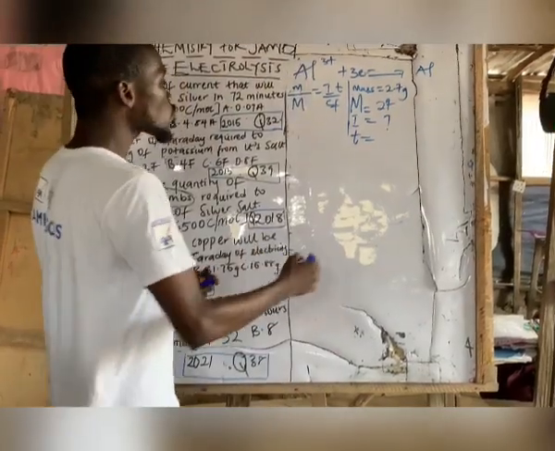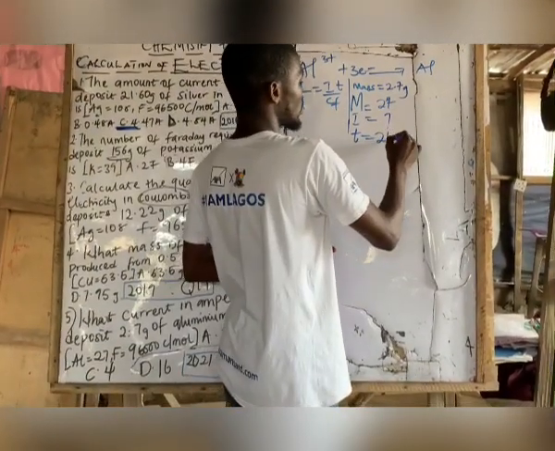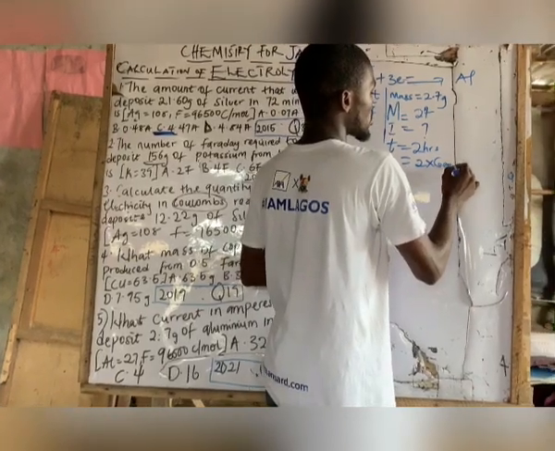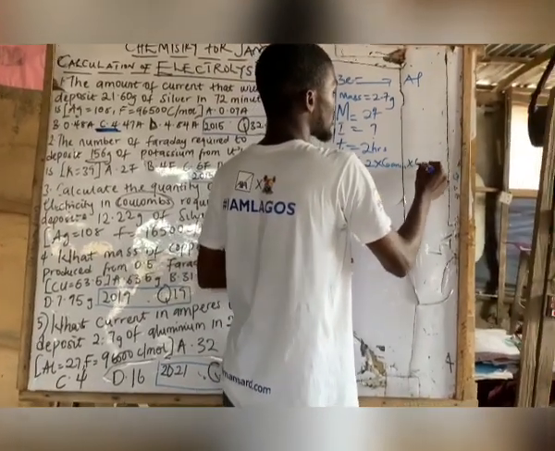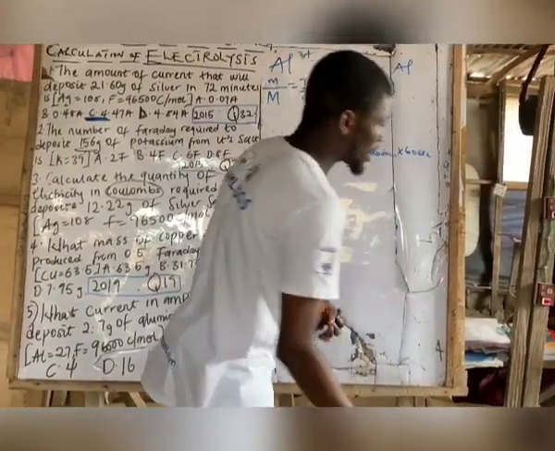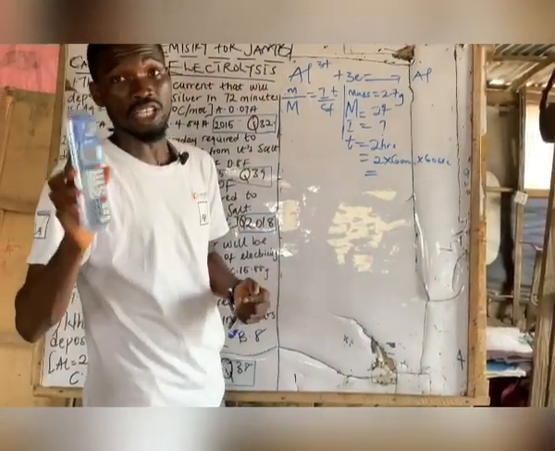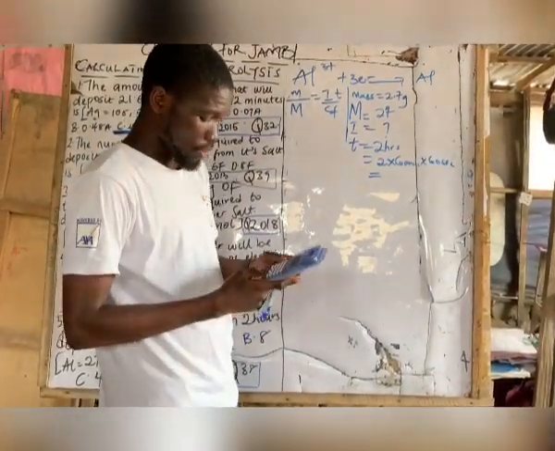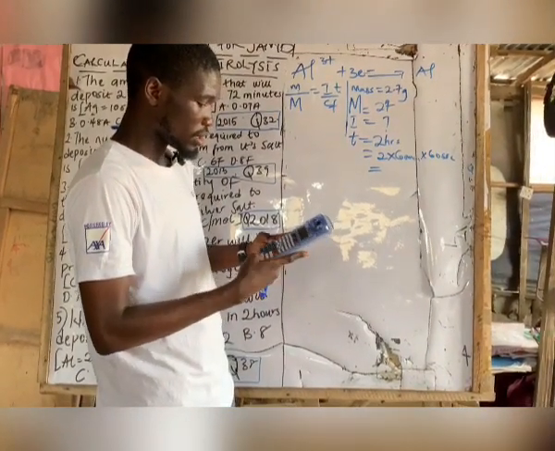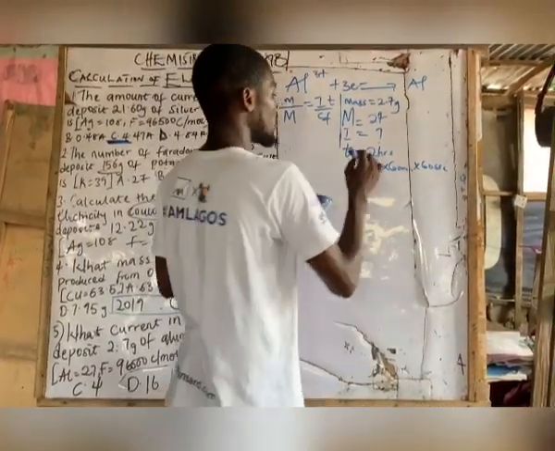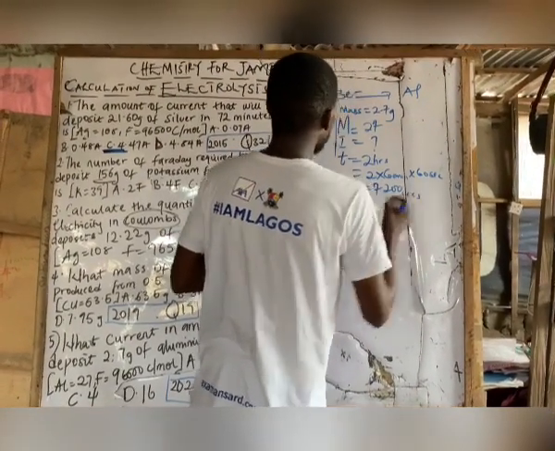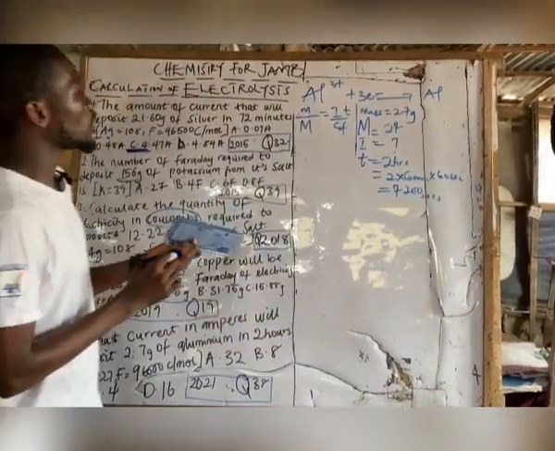The time is 2 hours. So with this, I'm going to say we have 2 times 60 minutes multiplied by 60 seconds. Don't forget, I told you earlier that you are not going to be given a scientific calculator. So we have 2 times 60 times 60. Now go back to the equation we have here.